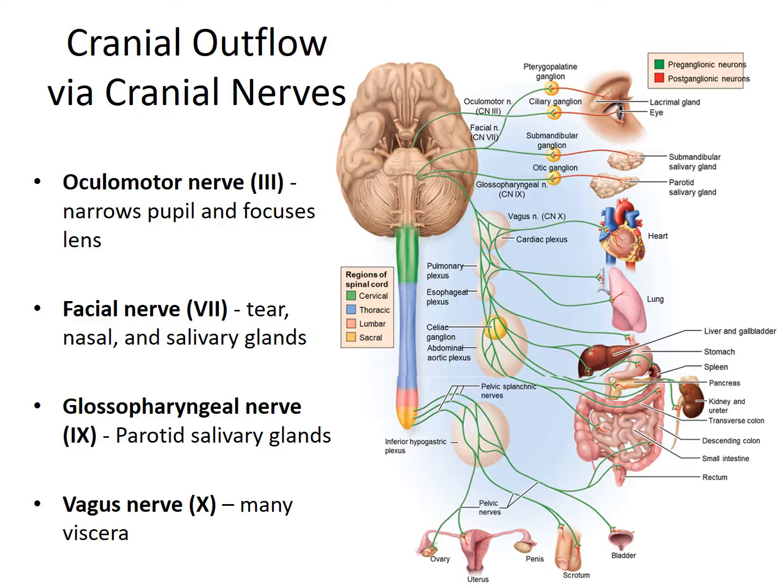The glossopharyngeal nerve innervates the parotid salivary glands, and the vagus nerve innervates many of the internal organs.